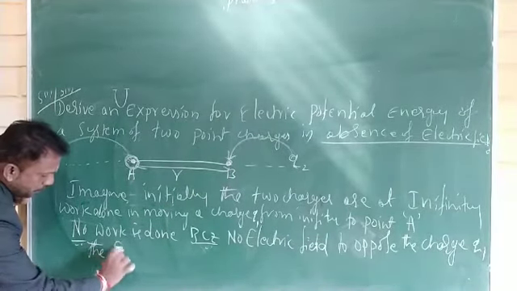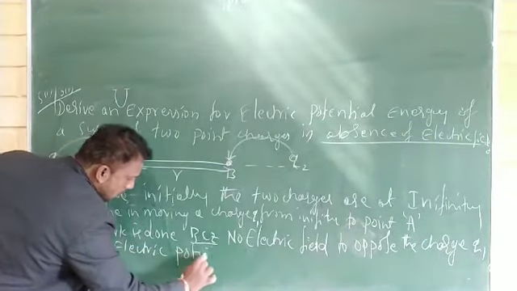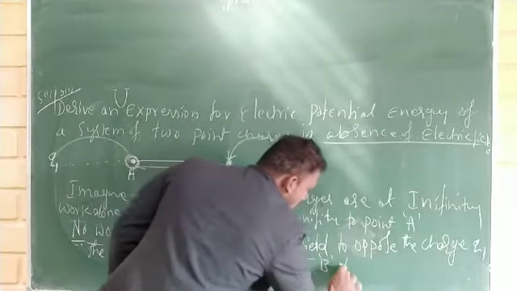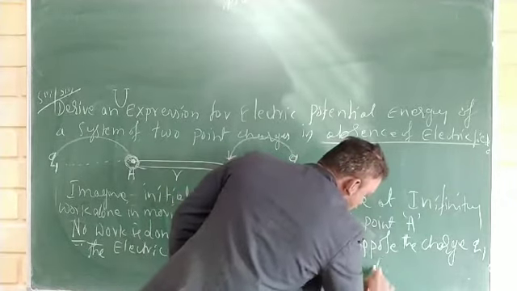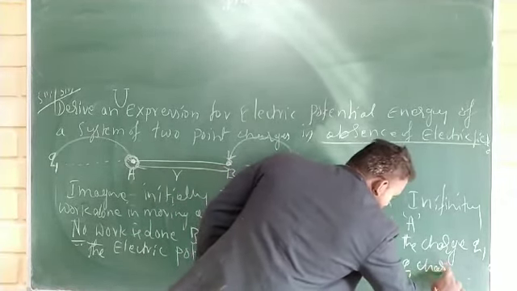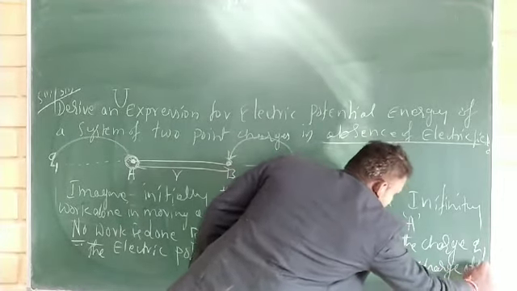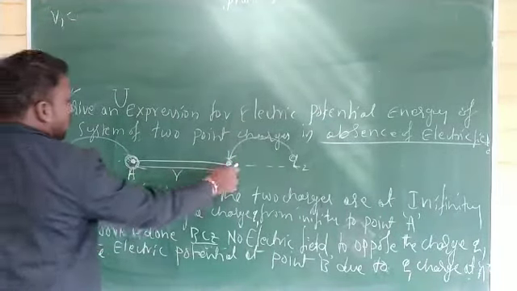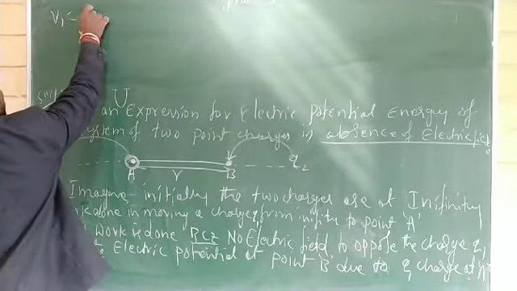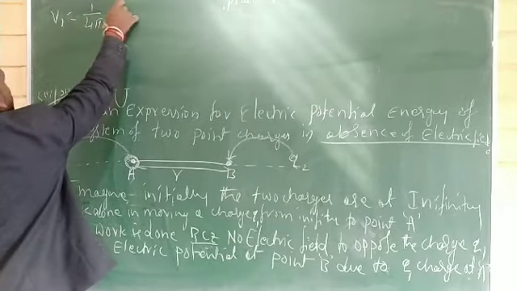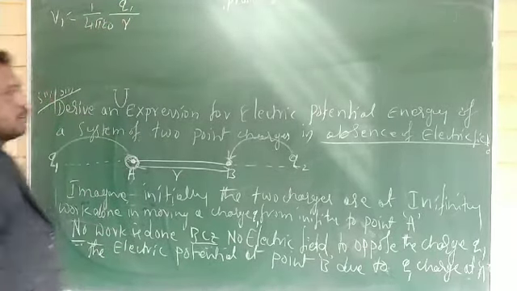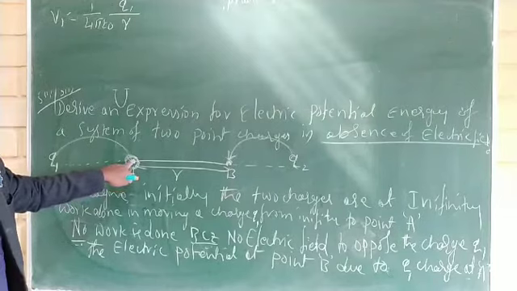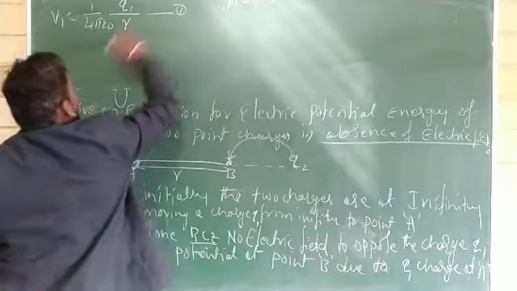The electric potential at point B due to Q1 charge, that is V1, is equal to, the distance between A and B is R, therefore 1 divided by 4 pi epsilon naught times Q1 divided by R. This is the electric potential at point B due to Q1 charge placed at point A. We call it equation number 1.